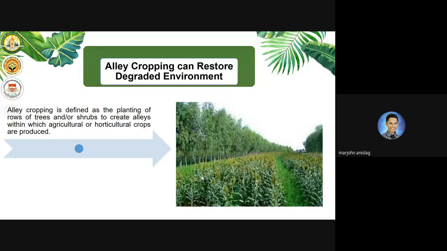This cropping approach is very useful to remove the toxic chemicals in the soils that are also dangerous for plants, animals, and human beings. The importance of this cropping practice to restore the degraded environment is for alleviating poverty, toxic chemicals in the soils, and climate change impacts.